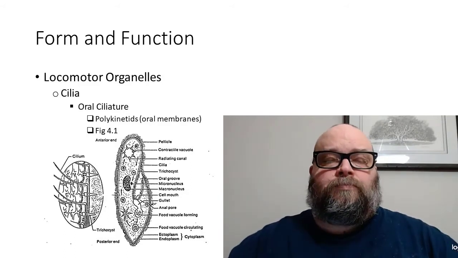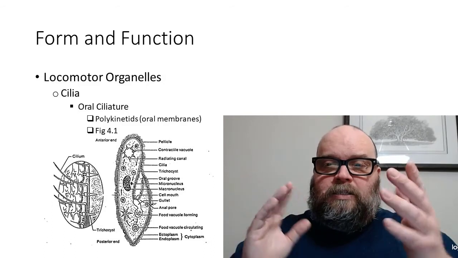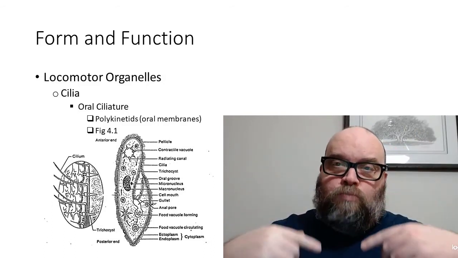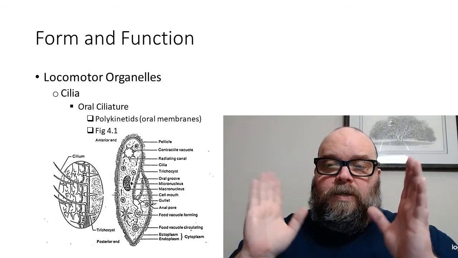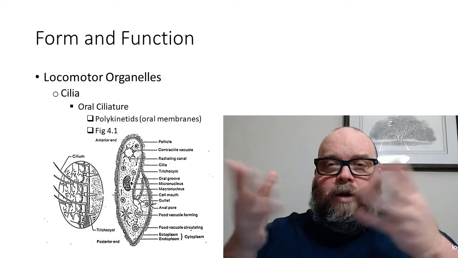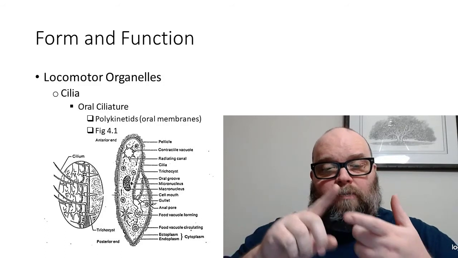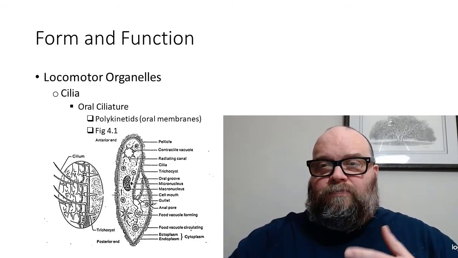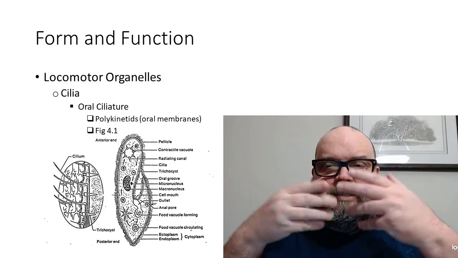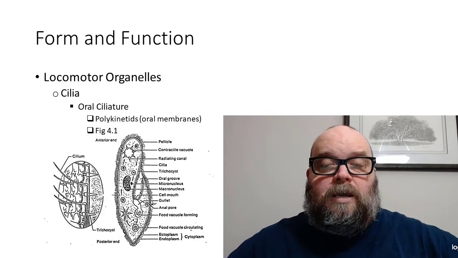So by having this oral ciliature, the cilia, instead of moving in the pattern that all the other cilia are, which is to move the cell through the water, their beating pattern is to waft water and whatever things are floating in that water, bacteria, fragments of smaller protists, whatever, into that oral groove so that uptake, phagocytosis, can occur.